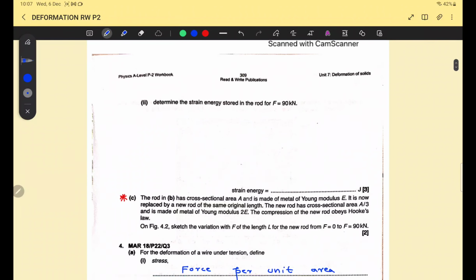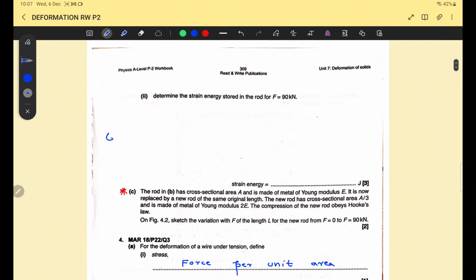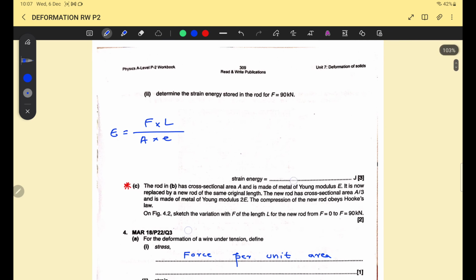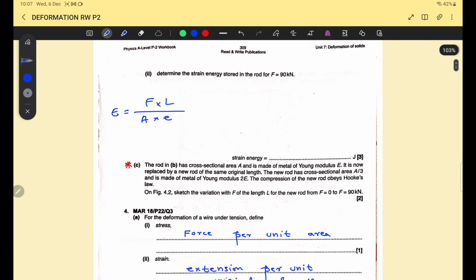So what is the method of same ko kato? I'm going to explain. Young modulus is equal to force per unit area over extension per unit length. And the question is, in the last class you were given a rod and a graph.